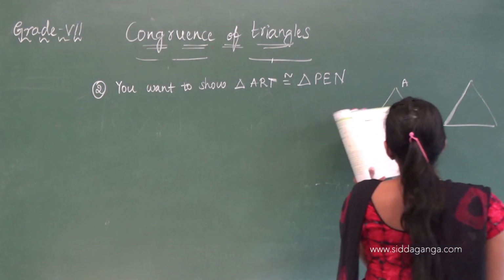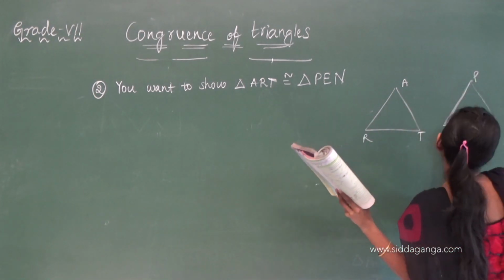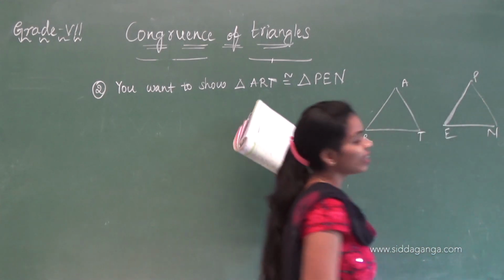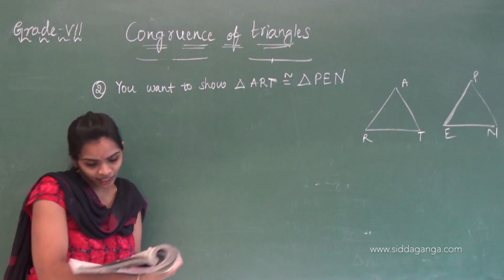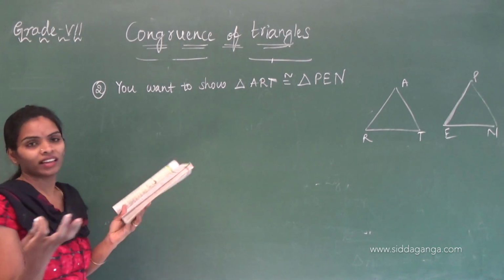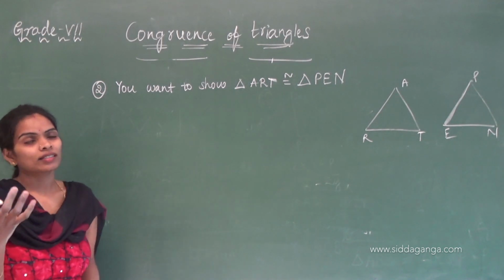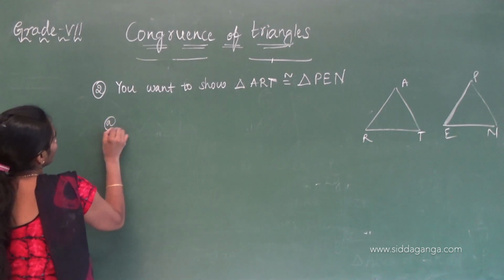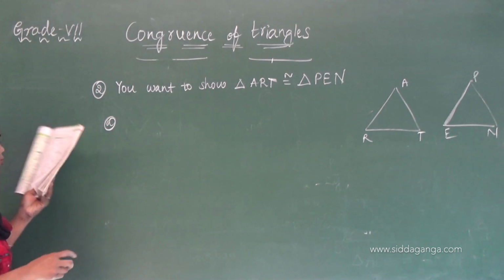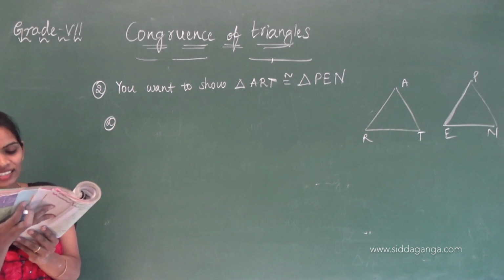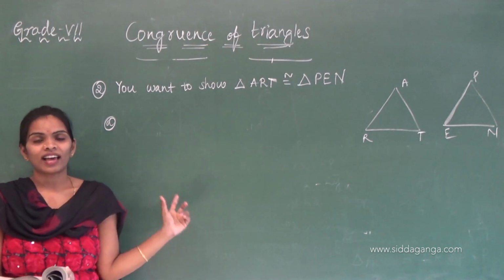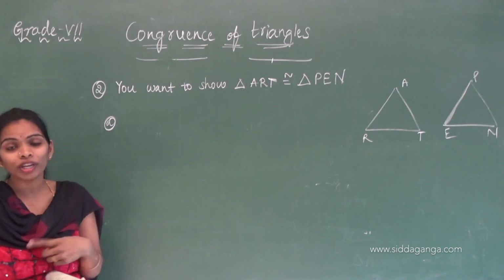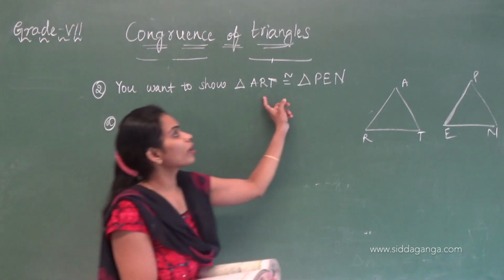They are giving 2 triangles and 3 cases, 3 questions. First, if you have to use SSS criteria, SSS criteria means side, side, side, then you need to show these 2 are congruent.